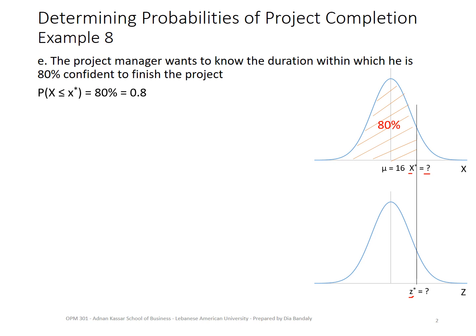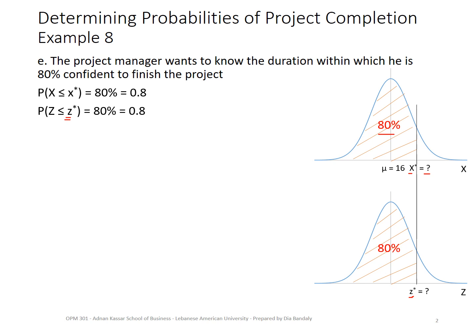What do we know about z star? It corresponds to x star, which has an 80% probability below it, so that area is also 80%. Which means P of z less or equal than z star is 80%. So what is the value of z such that P of z less than it is 80%?